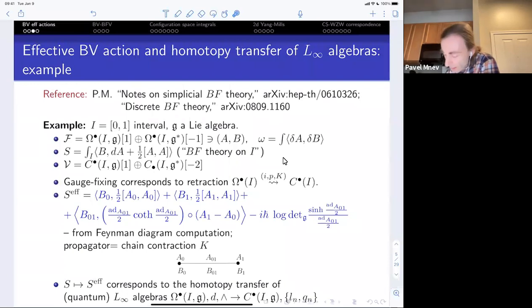These three maps give you the data of the deformation retraction.